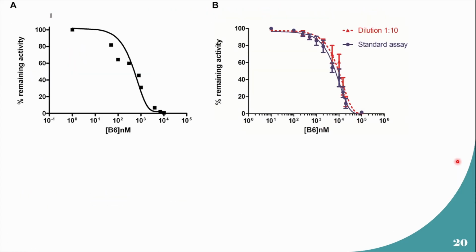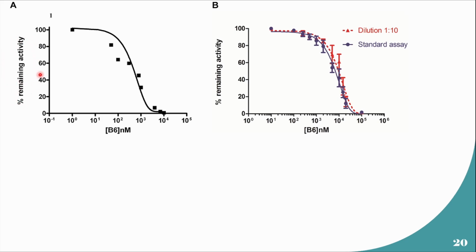Another concept that we went over, since we discussed IC50 values, right? What the IC50 values are is the half maximal inhibitory concentration. For example, if you look at a plot like this, on the x-axis we have a certain concentration of inhibitors, here in the nanomolar range, and on the y-axis we have the remaining activity.